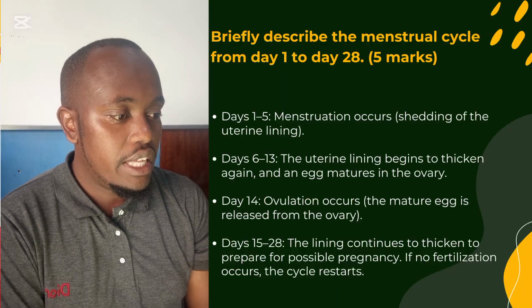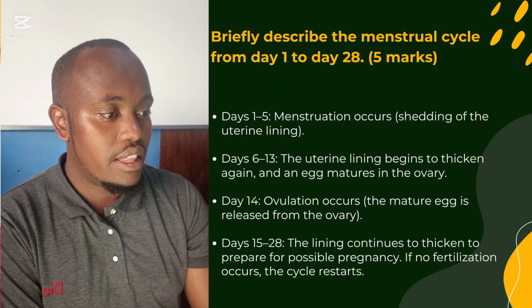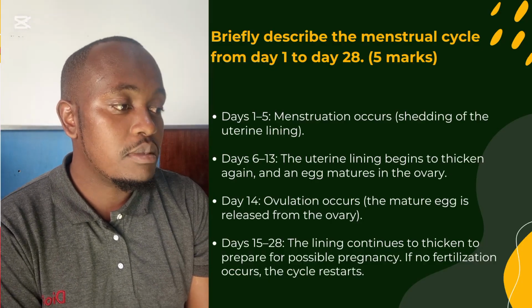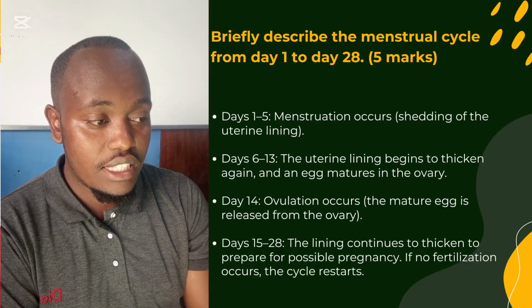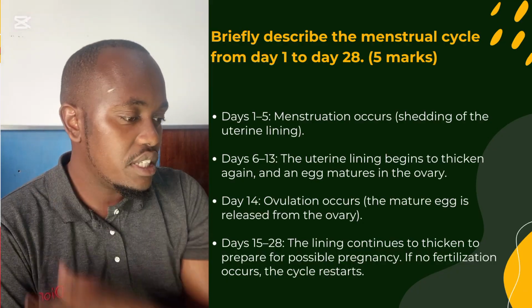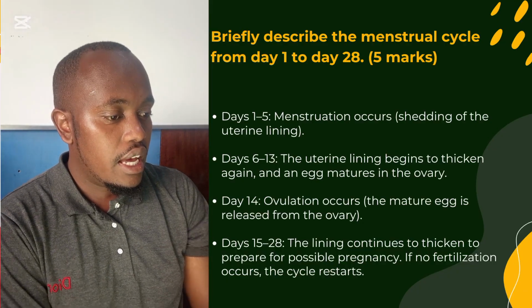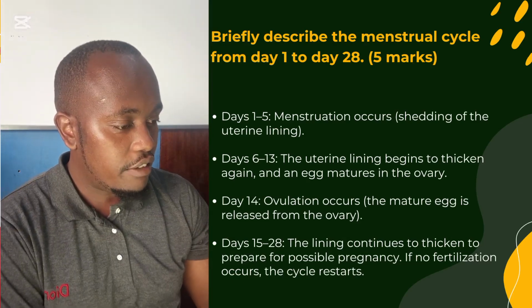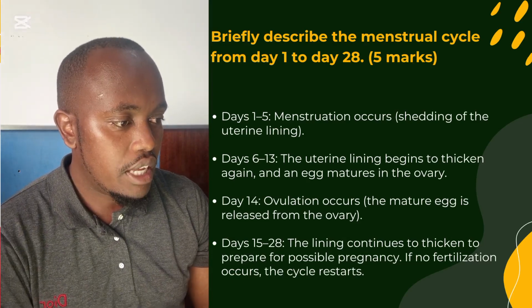So it is important to understand that there may be some variation. Also, others experience menstruation for less than 5 days. Others experience it for 3 days, also depending on the stages in life and many other factors, medication. Okay.